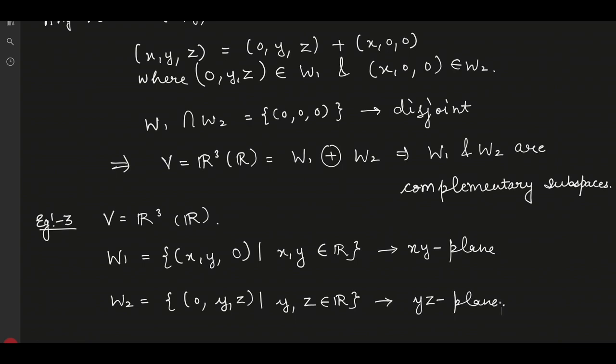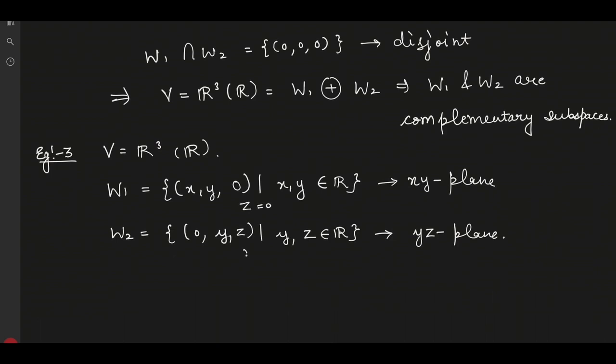Try this. Here the intersection is not 0. So we can't write it as a direct sum. Here z is 0, x is 0.